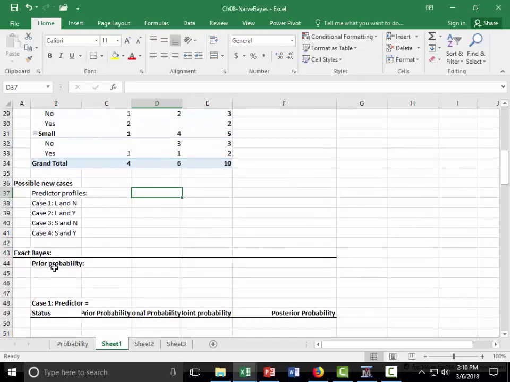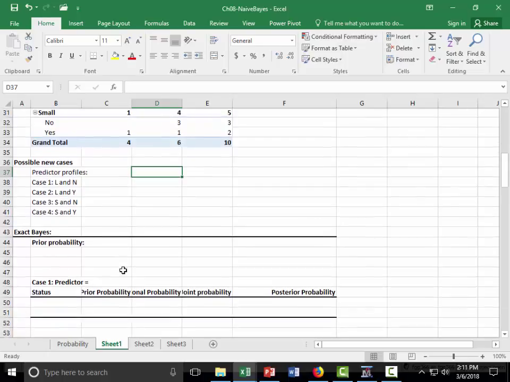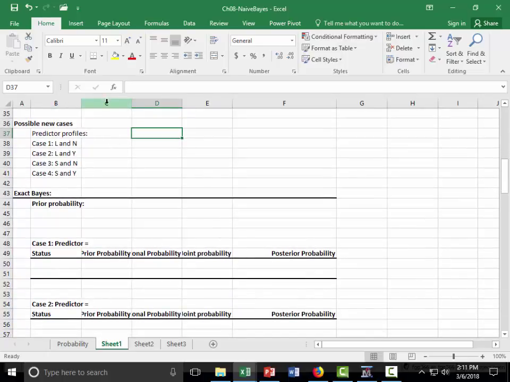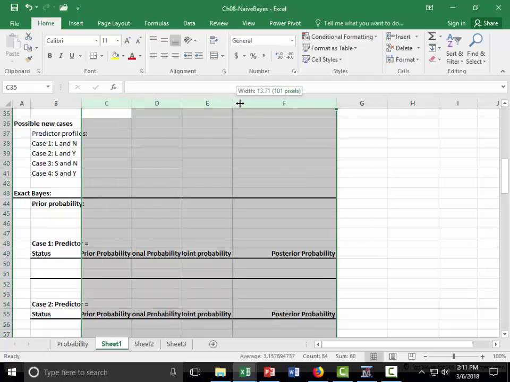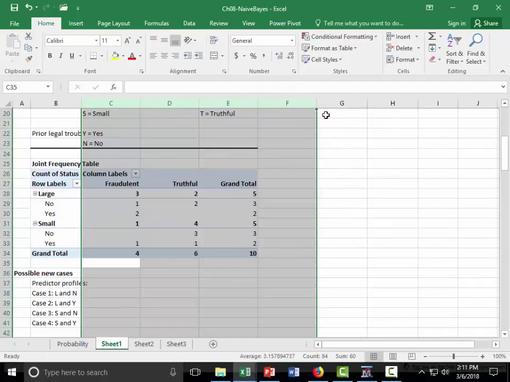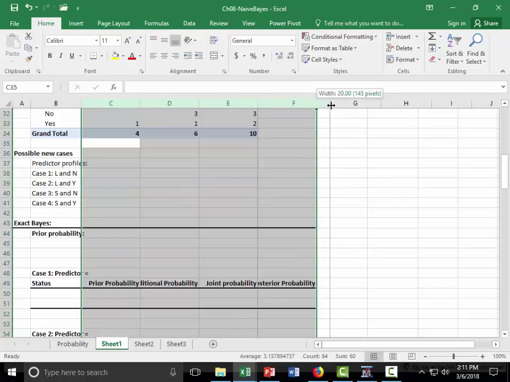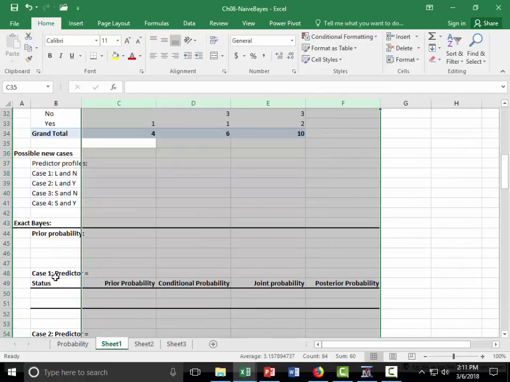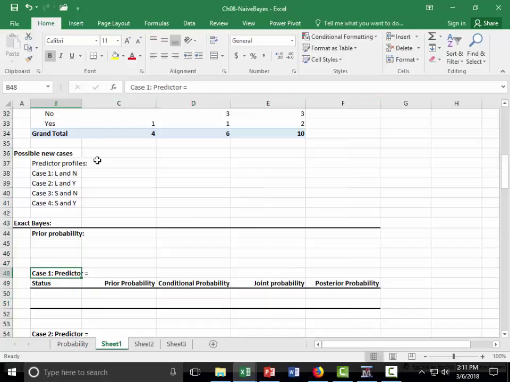So now we have to set up a Bayes model. For each case there will be a Bayes theorem. So let's take case 1, which is L and N. Our prior probabilities for F and T, that's what we need to predict.